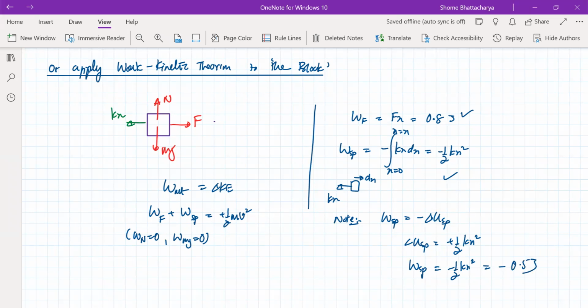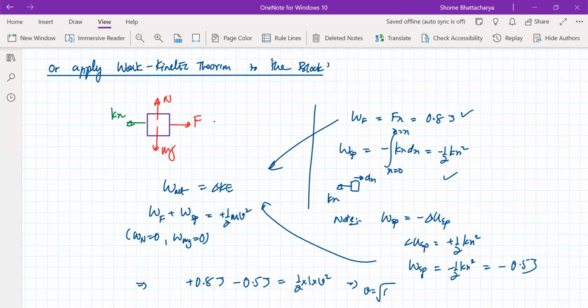So when we apply this information, we get plus 0.8 joules minus 0.5 joules, which is equal to half into 1 into v square. That will give us the same thing: v is square root of 0.6, or approximately 0.77 meters per second.